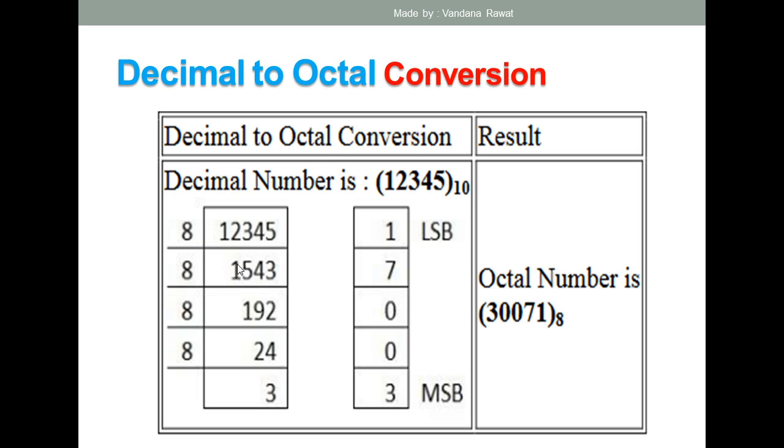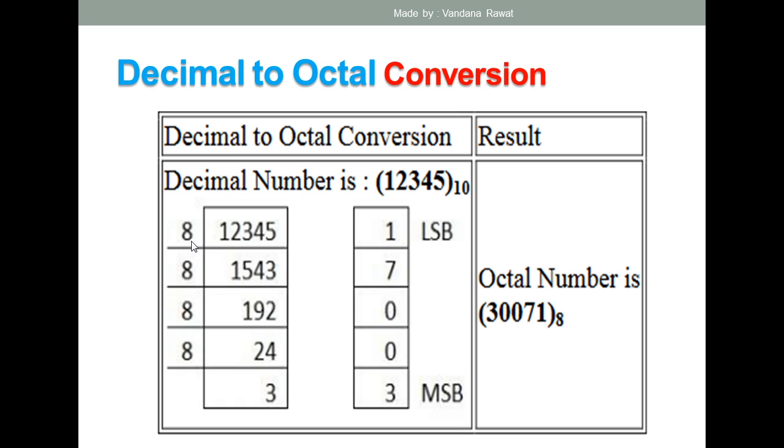So 8 ones are 8, then after dividing, what you get is 43. Then 8 fives are 40, then 30, it will be 34. Then 8 fours are 32, that means it will be 25. Then 8 threes are 24, that means at last you are getting 1. So you write this 1 as the LSB.